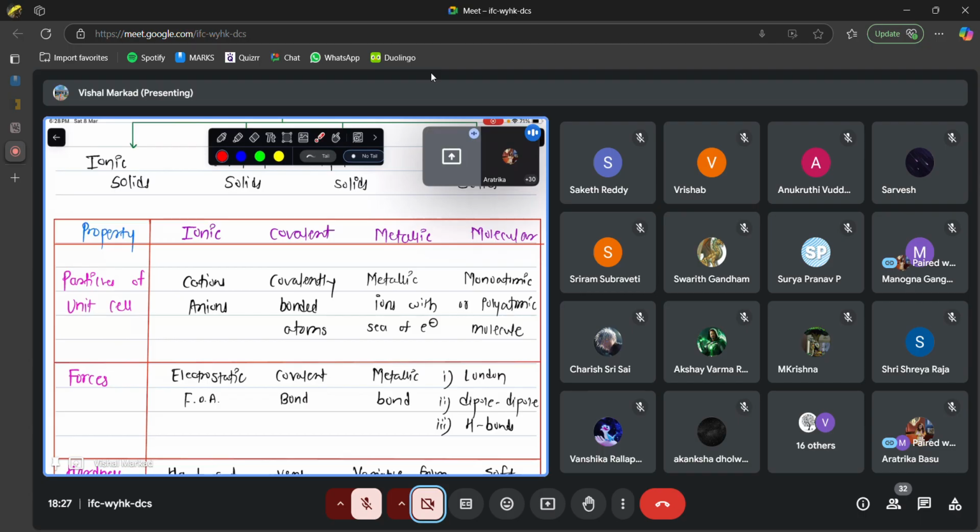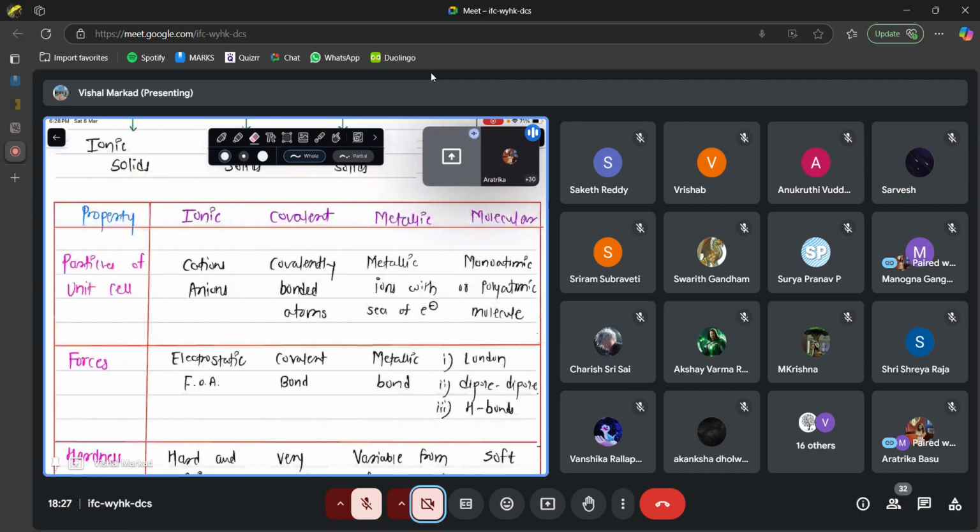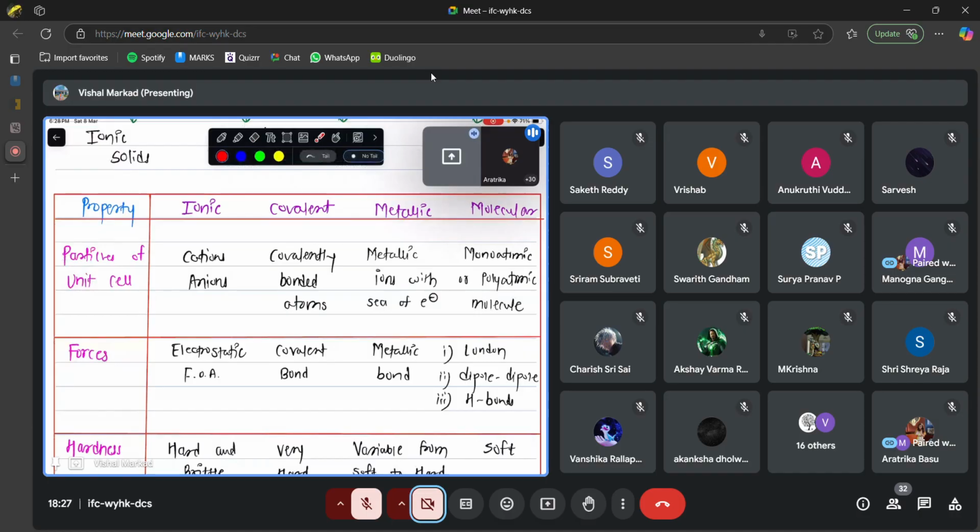Because of it they are together, right? And in molecular solid, there is one molecule and another molecule joined together. Between two molecules, Van der Waals forces. They can be London force, dipole-dipole interaction, or hydrogen bonding.